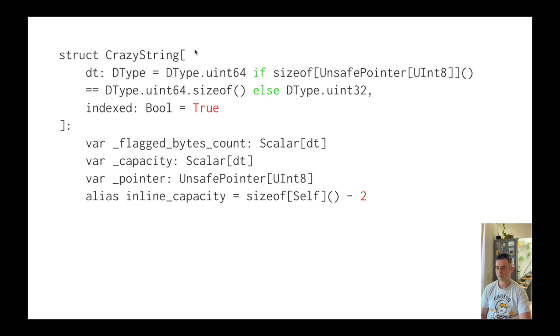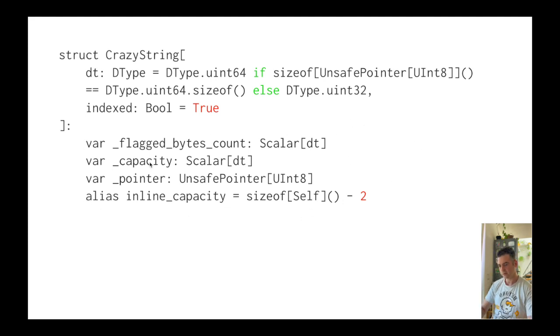Here we have our CrazyStruct and CrazyString. Here's the dtype. We add this parameter indexed, boom, defaults to true, right? So we build up an index, but as you can see here, the fields haven't changed.